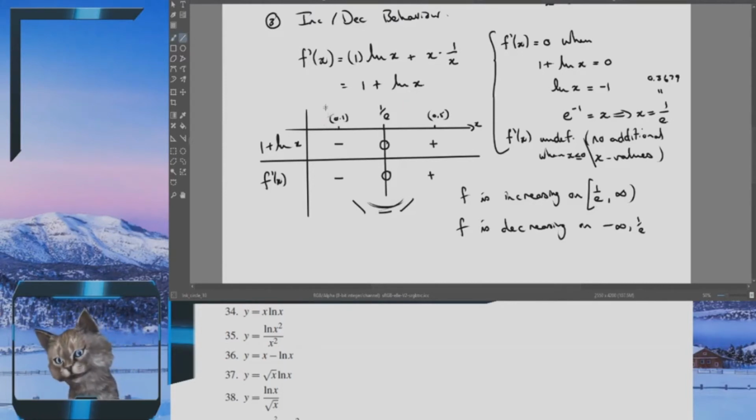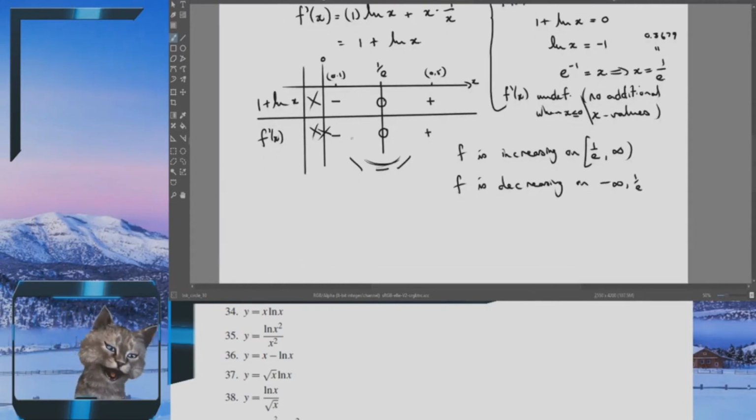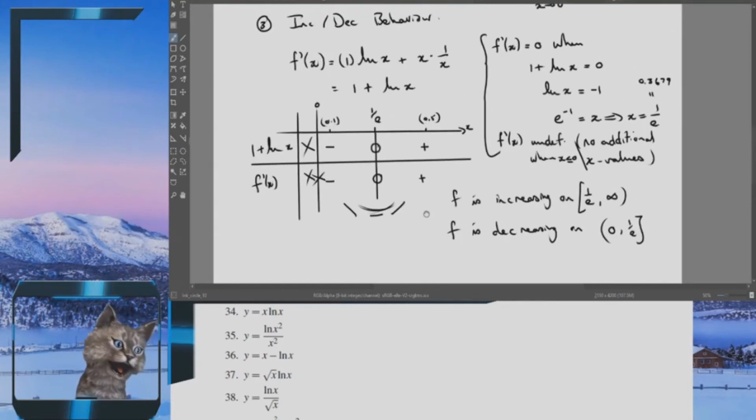So as a reminder, it might be beneficial to put a little 0 here and say bad things are happening, undefined. So then when you see it there, it reminds you, oh, I can't do this. It can only start at 0, and I can't include 0 either because of the log. So maybe that helps a little bit.